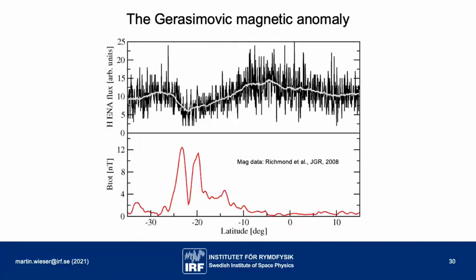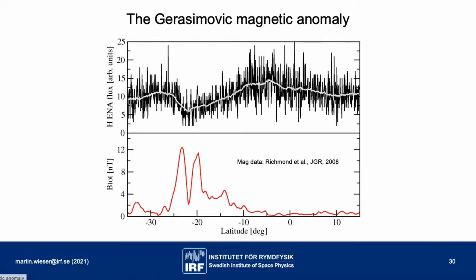Then, of course, one starts to think, if protons are reflected back to space, it means that fewer protons precipitate onto the surface. And as protons are reflected from the surface back to space as energetic neutrals, one would expect that the energetic neutral atom flux is depleted when a magnetic anomaly deflects the solar wind proton flux away.